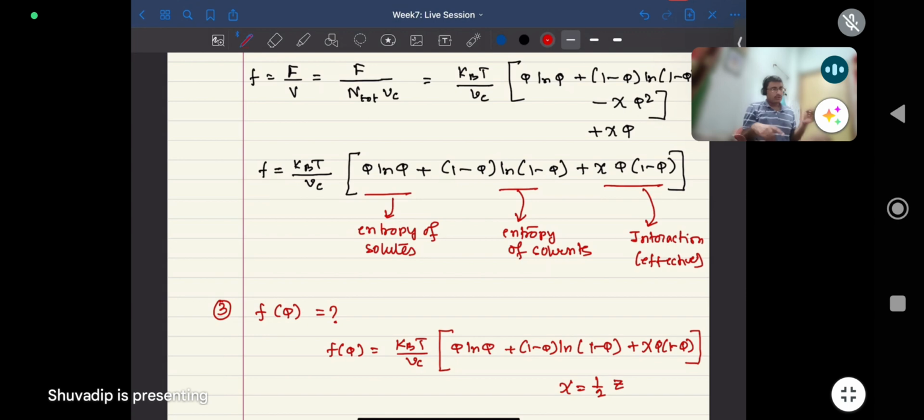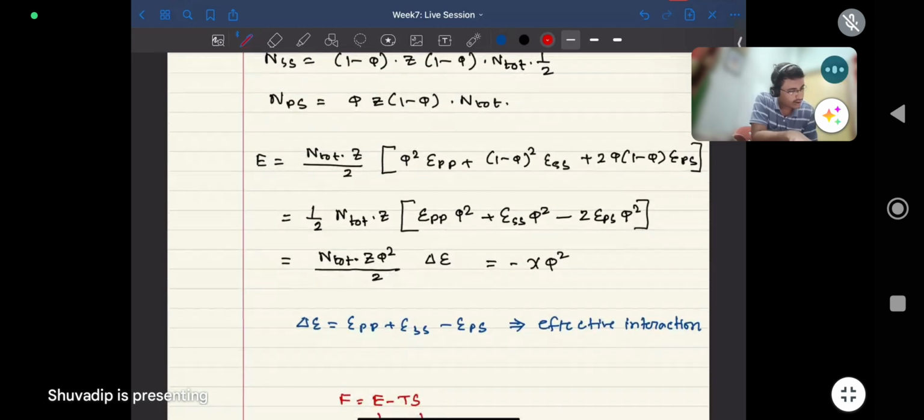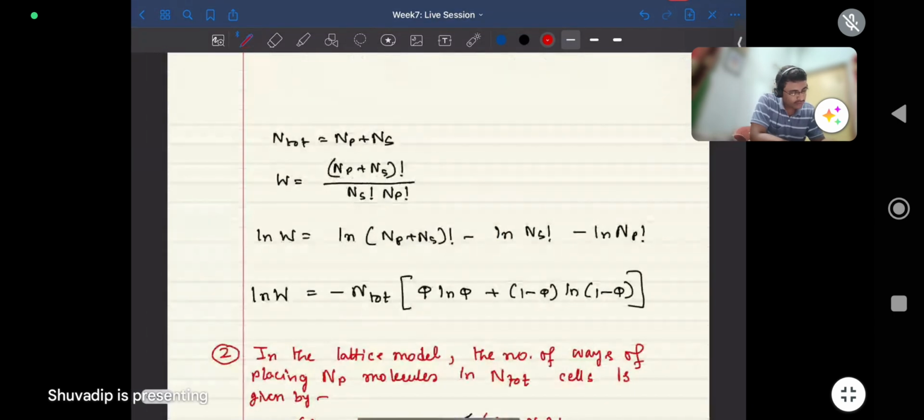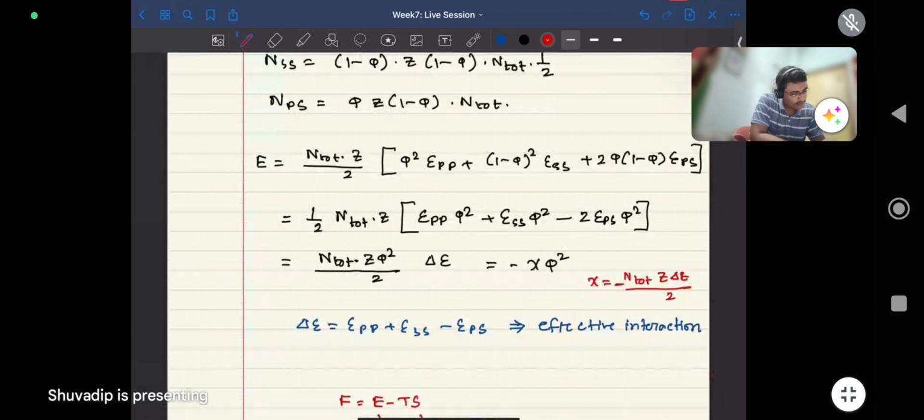We have defined chi as, so the explicit expression for chi is N total z delta epsilon by 2 with a negative sign. This is our expression for chi, right? No issues.